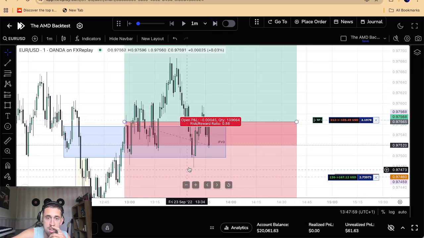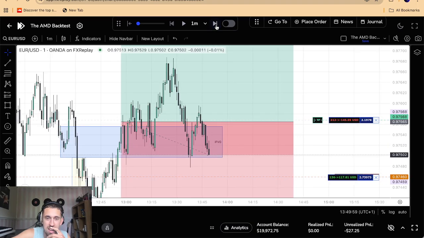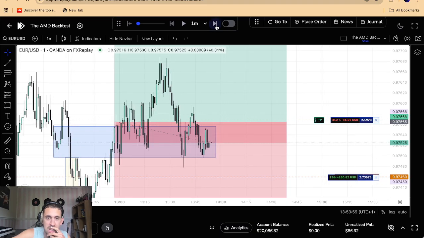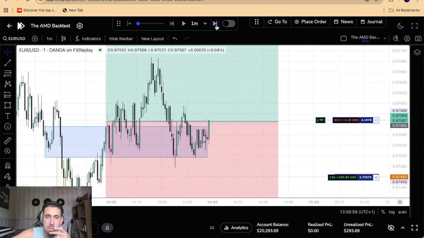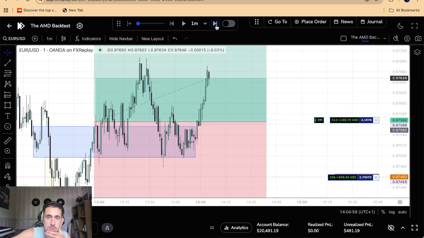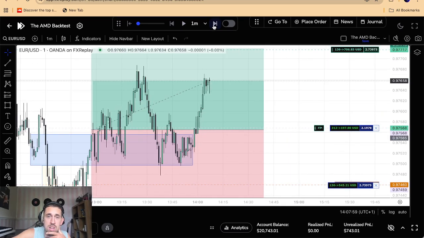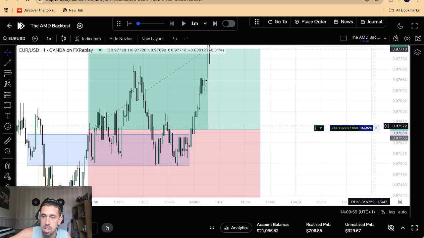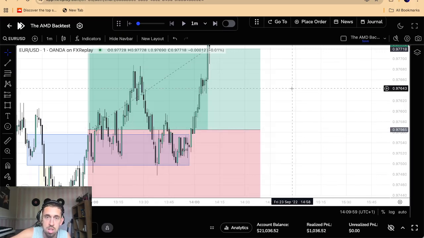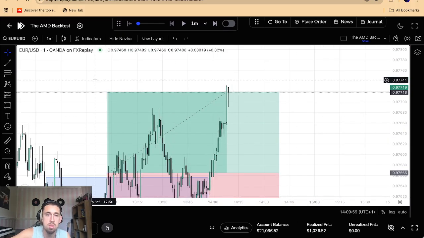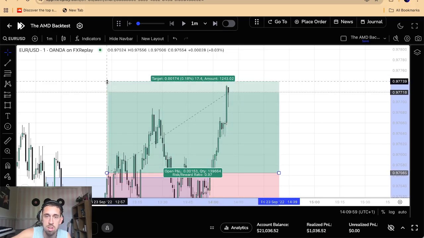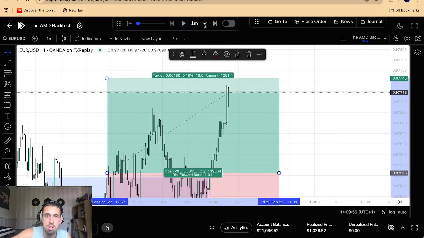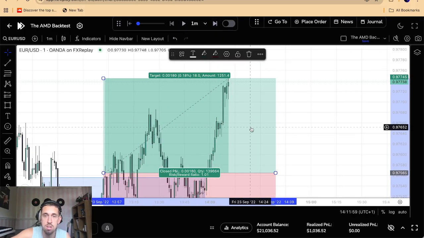So that low should be protected technically now. Don't really want to get break even on that other trade as well, the smaller one. Yeah, okay, cool, bang. Hit profit and hit profit. Beautiful. Absolutely beautiful trade. Oh, I shouldn't have closed that actually. Should have waited for that candle.